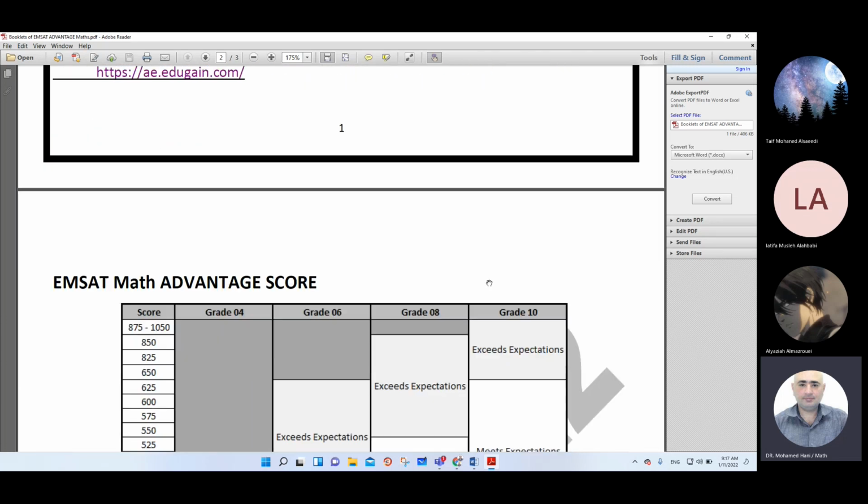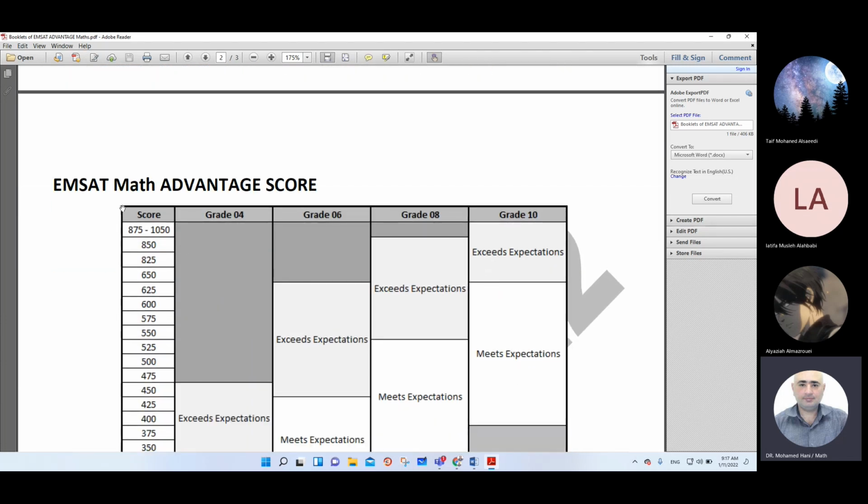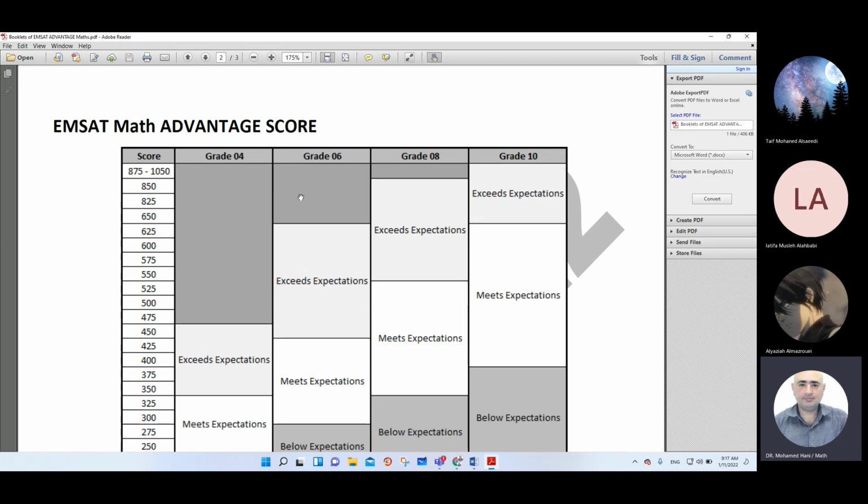Before we start, MSAT math advantage score. The MSAT exam is for grades 4, 6, 8 and 10. The full score will be 1050.